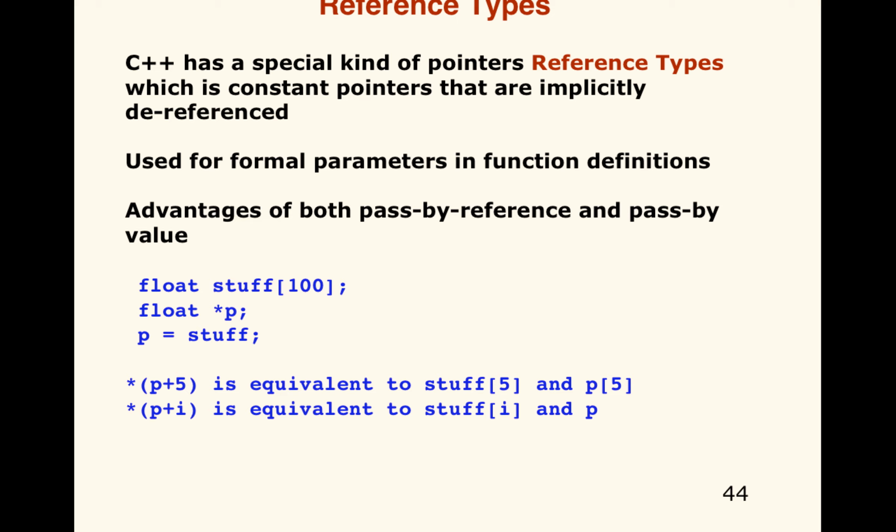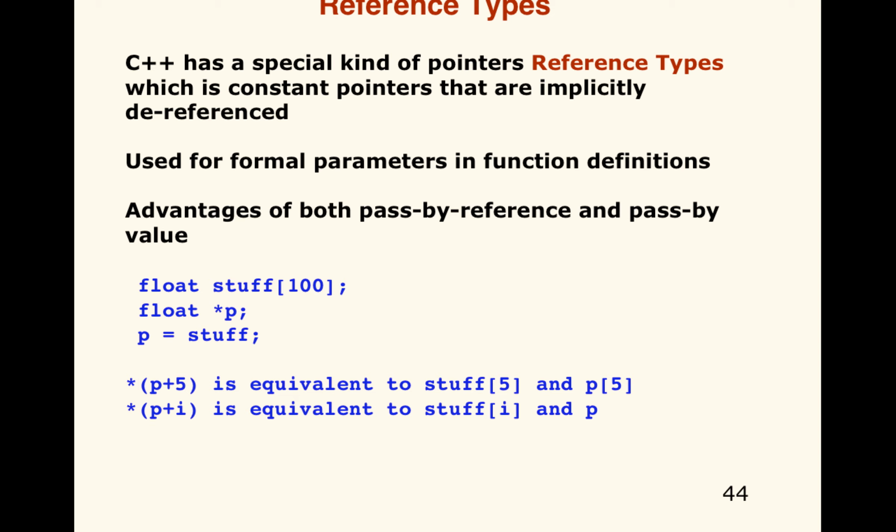So C++ has a special kind of pointer or reference type, which is a constant pointer. They're implicitly dereferenced. That's the pointer used for formal parameters in function definitions. The advantages are for both pass-by-reference and pass-by-value.